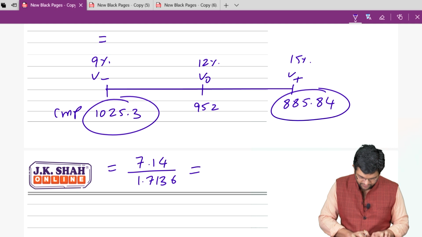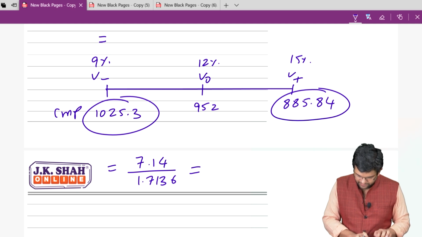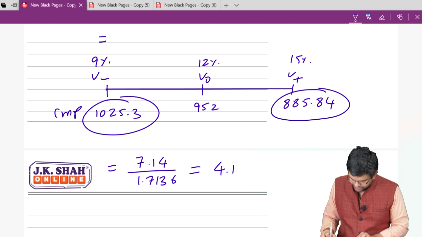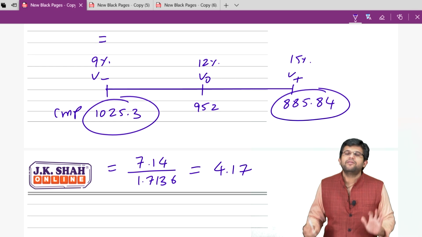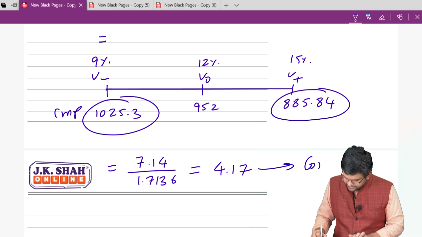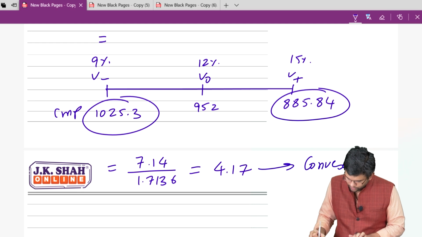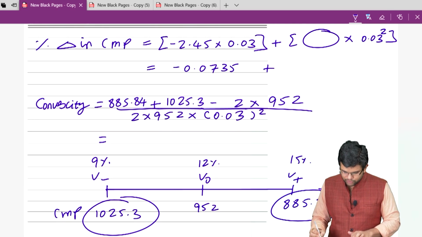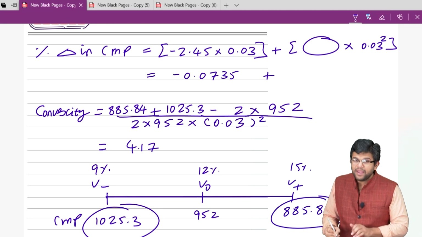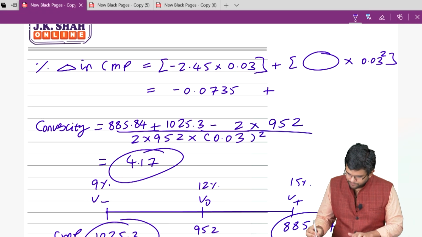So this comes to 7.14 divided by 1.7136, and that comes to, children, 4.17. Everyone clear till here? So children, what is this 4.17? This is your convexity. So children, convexity we now got as 4.17, and therefore we can place it here.